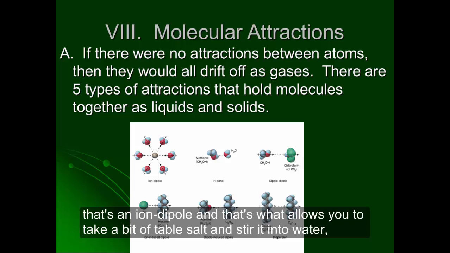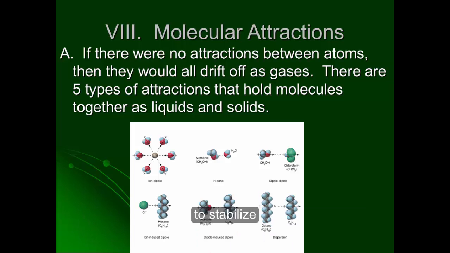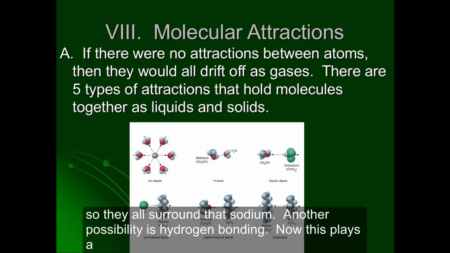That's an ion dipole, and that's what allows you to take a bit of table salt and stir it into water and have it dissolve, is that the ions will actually separate and be stabilized by the charges on waters. But notice it takes more than one water to stabilize the sodium charge. So they all surround that sodium.